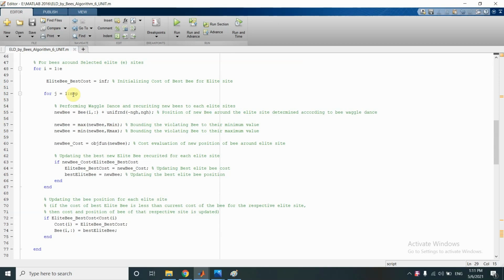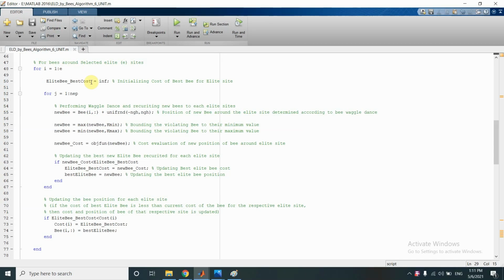So next we initialize the elite bee best cost. This is the cost of the best bee for the elite site, represented by a particular iteration of this for loop. And since we want to initialize it with the worst possible value, we initialize it as infinity.